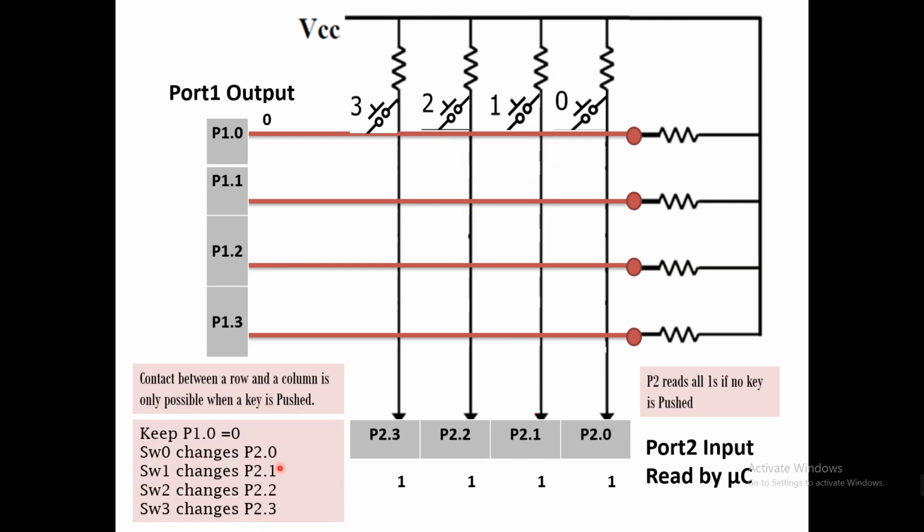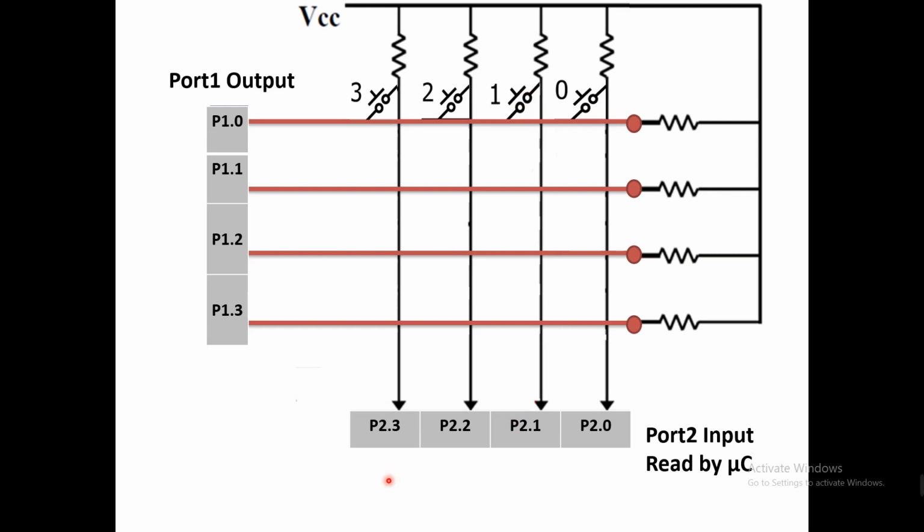So keep P1.0 equal to 0. Switch 0 changes 2.0, switch 1 changes 2.1, and any of the switches pressed changes the corresponding column.